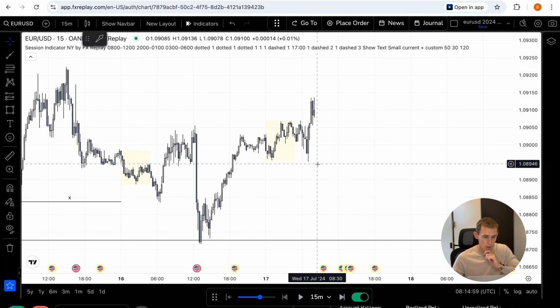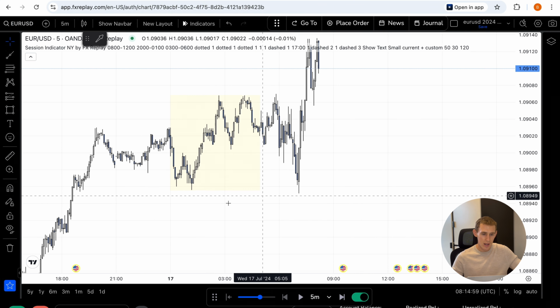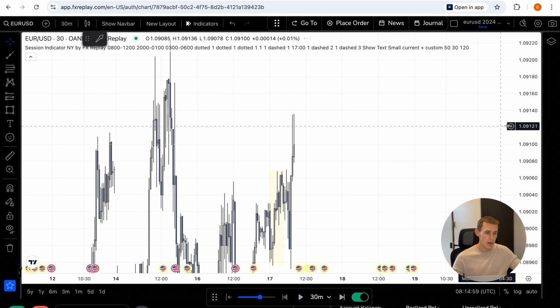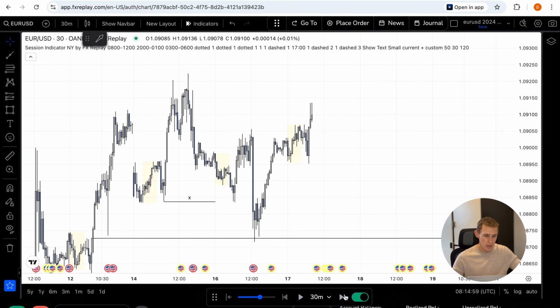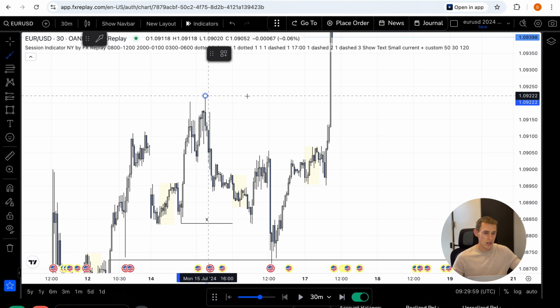Yeah, again, it's just doing the same thing. It's wicking our points of interest, but it's not presenting a clear confirmation, so it's very tricky to trade situations like this. Even though the direction is clear, it's quite difficult to capitalize on.